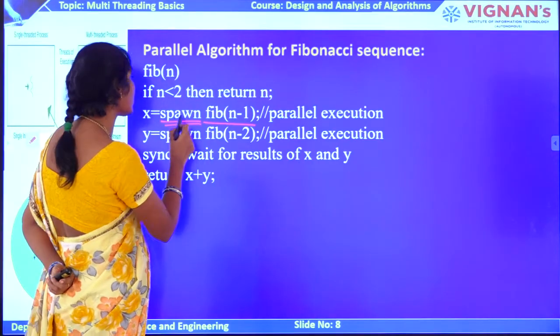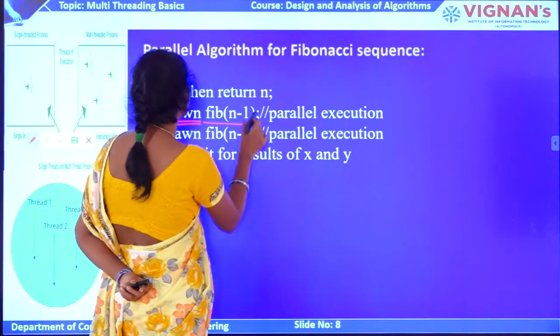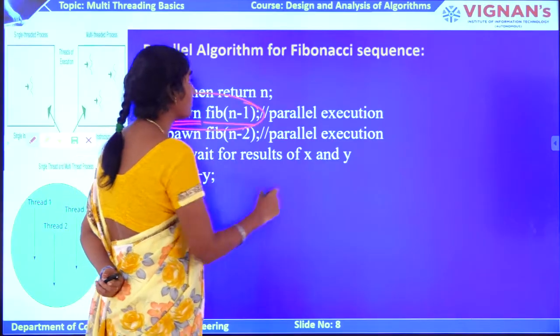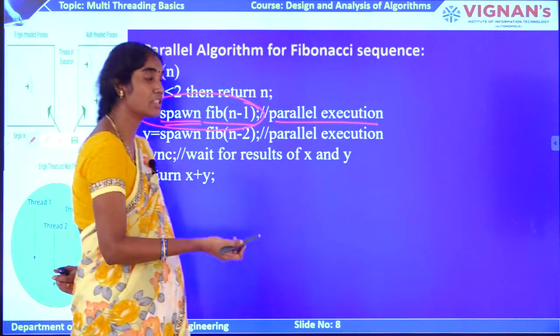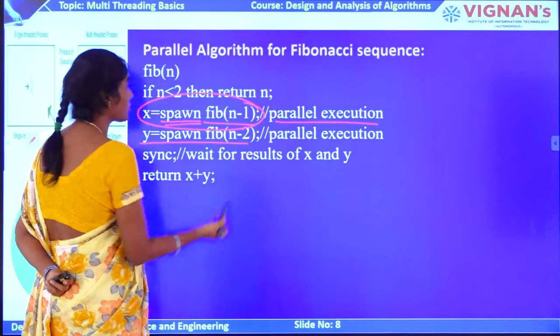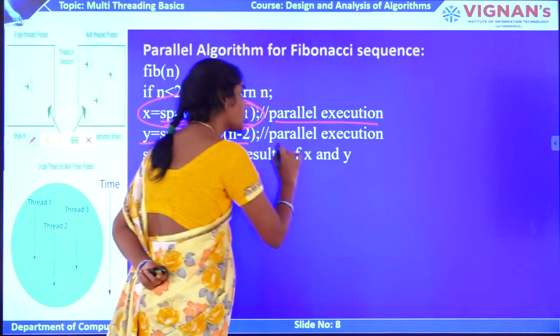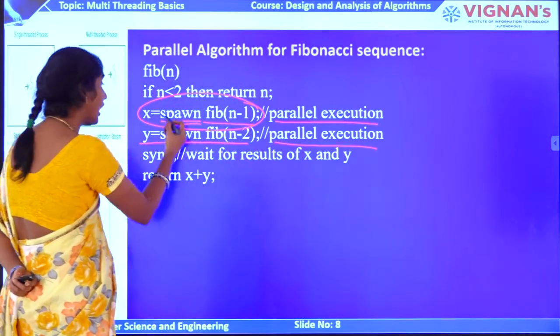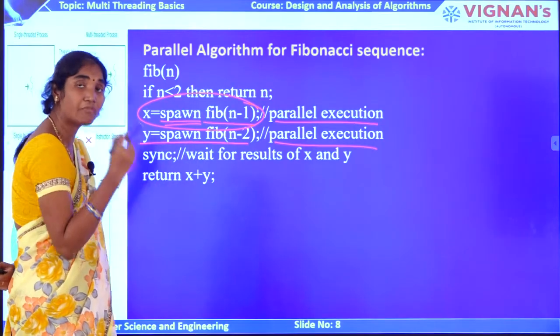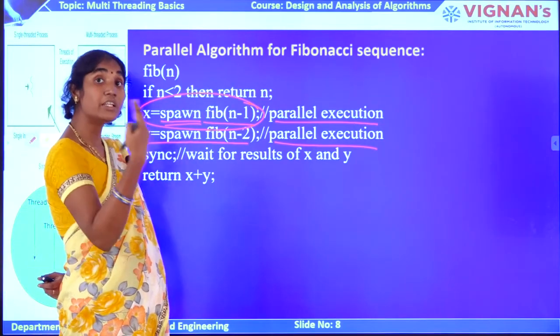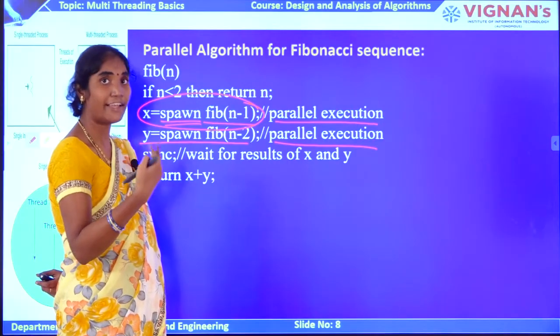So I am making this operation spawn, which means this particular statement will be executed in parallel. And y is equal to spawn of fib of n minus 2, this is also parallel execution. Now after finding x and y, in parallel x and y are executing, right?